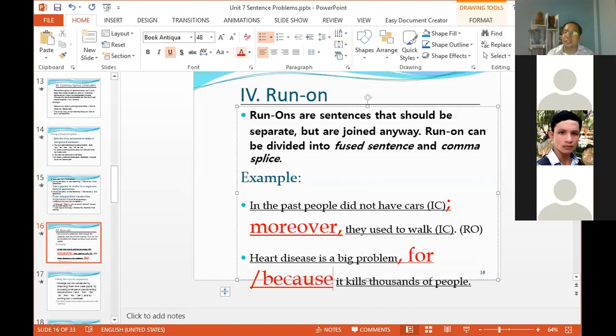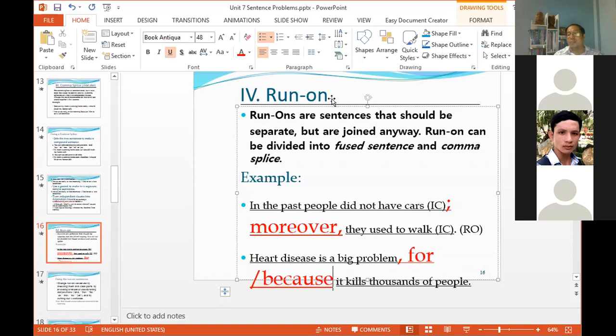So the way we correct the run-on and comma splice are the same because they have a similar way, right? So again, if they ask you a question, what is the difference between run-on and comma splice? Comma splice also has two sentences, but it has a comma.